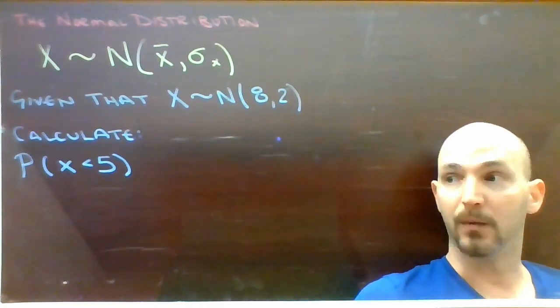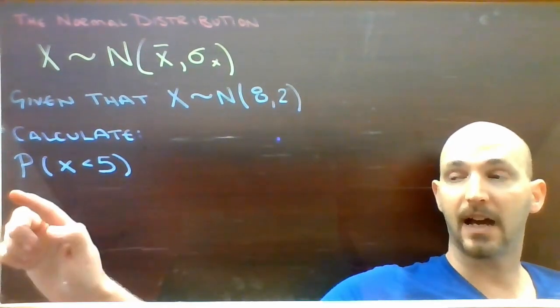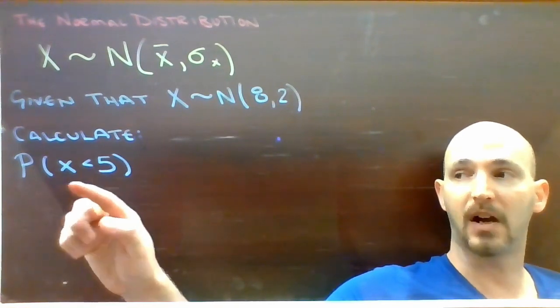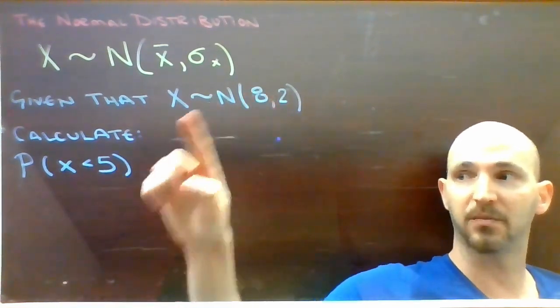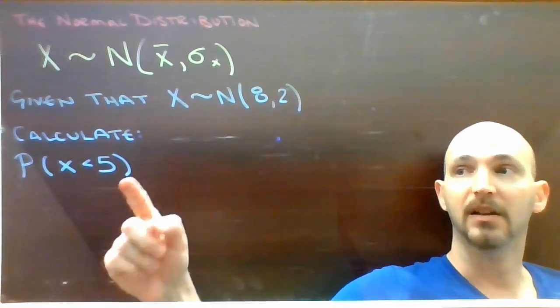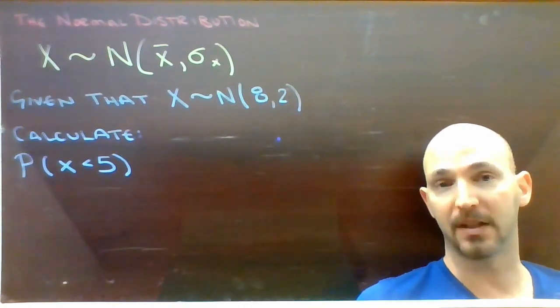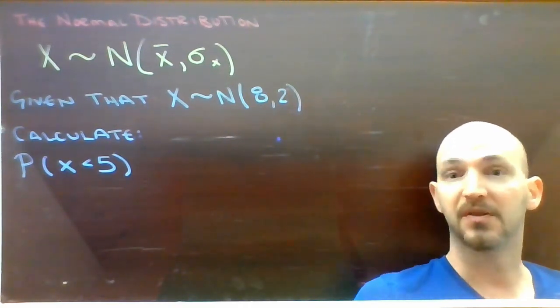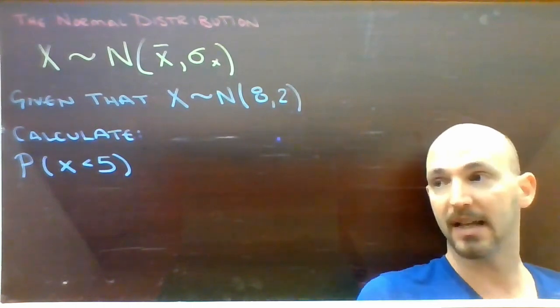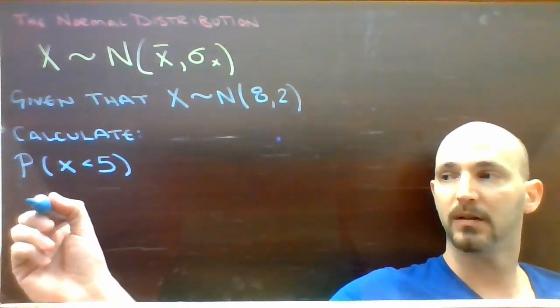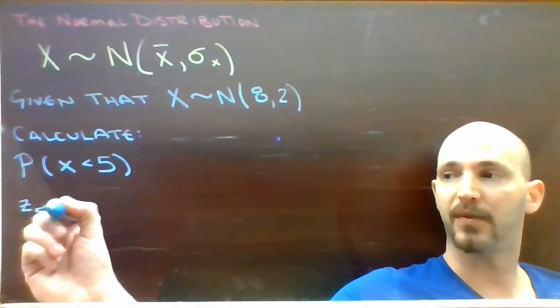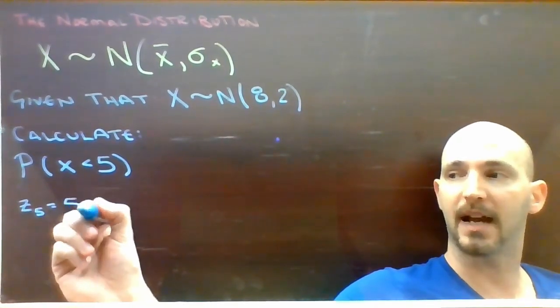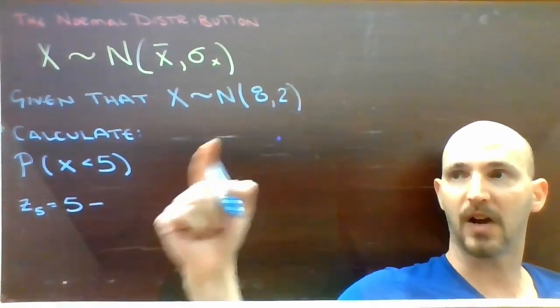Alright, so first off, I'm being asked to find where in this distribution a 5 would be located, so I need to determine how many standard deviations away I am. So I'm going to need the z-score. So the z-score of 5 is take the data point in question, subtract the average.